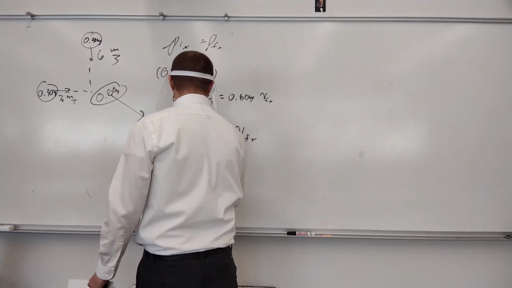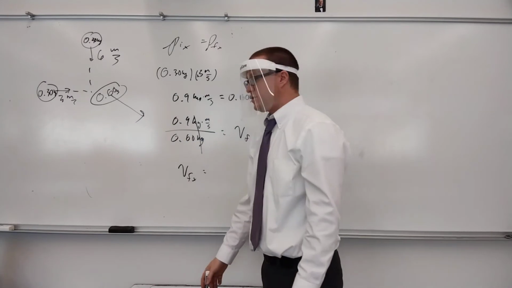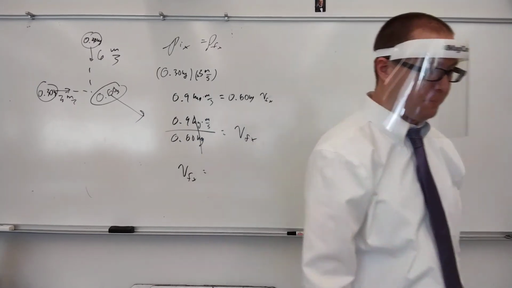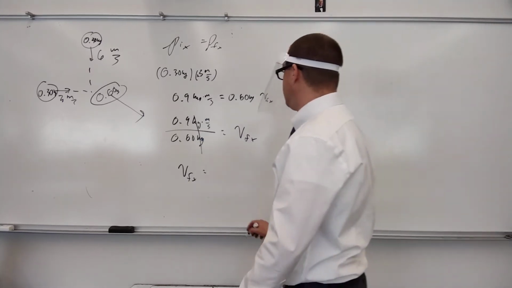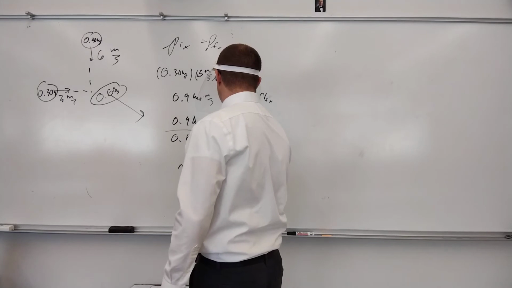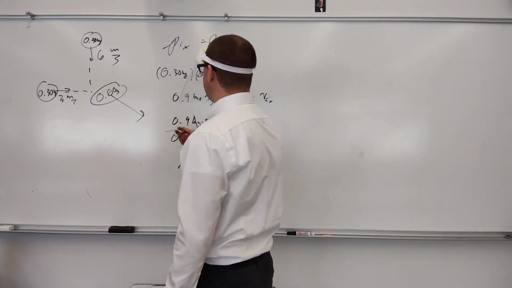The final x component, 9 over 6, what is that? That's like 1.33. 1.5, yeah, duh. 1.5 meters per second, and it is positive.